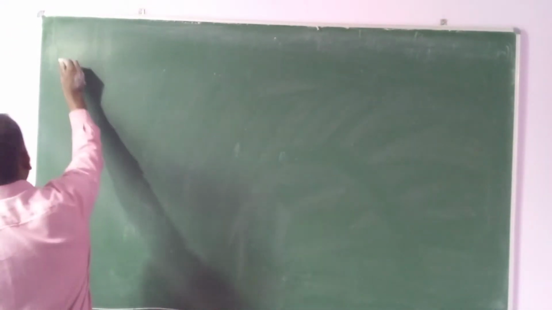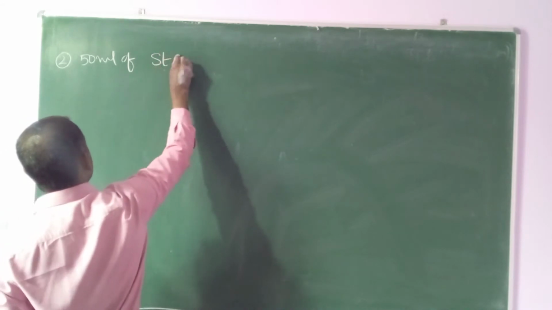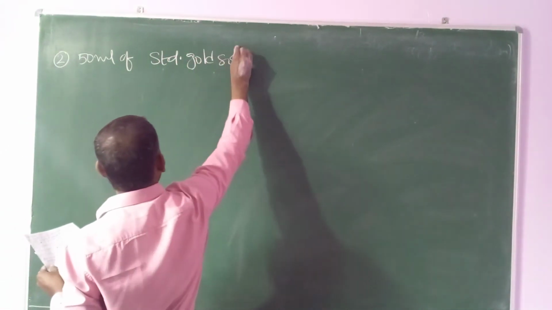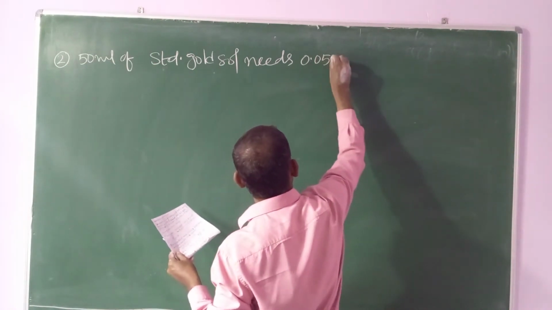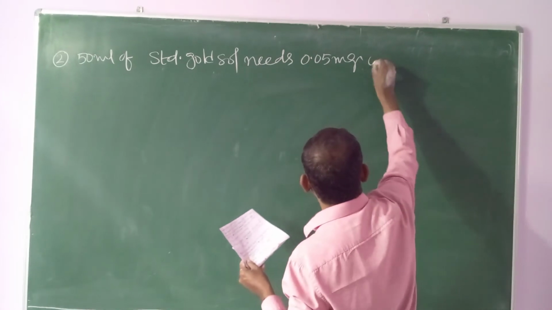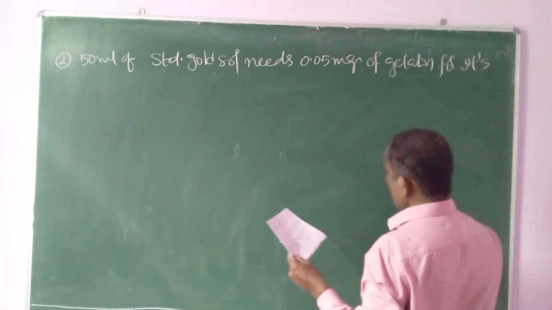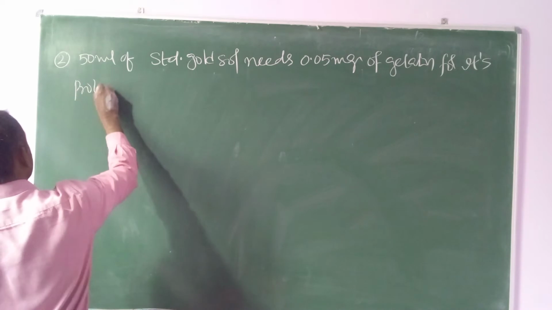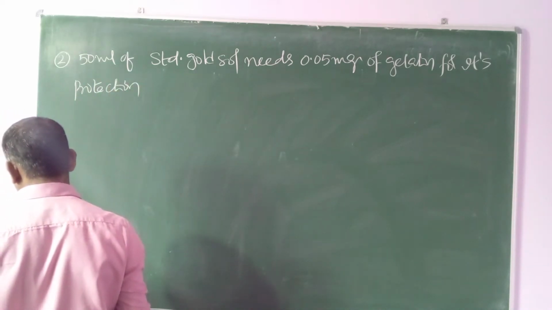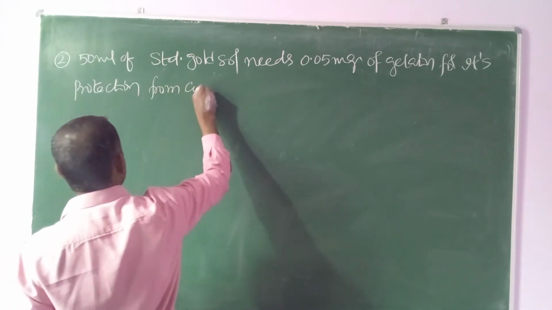Next, second problem. 50 ml of standard gold sol needs 0.05 milligrams of gelatin for its protection from coagulation.